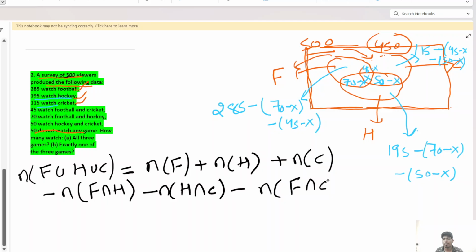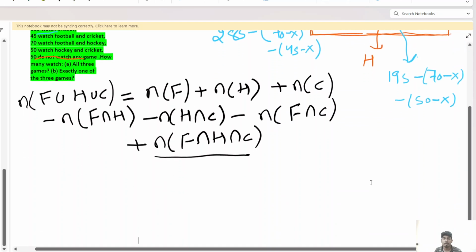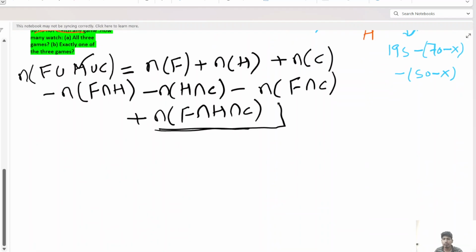You can easily remember this formula. All the terms are given except this one, which we have to find.